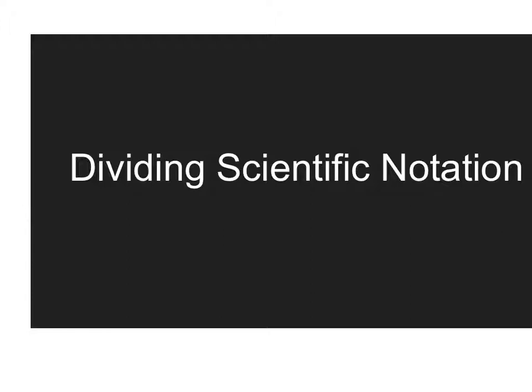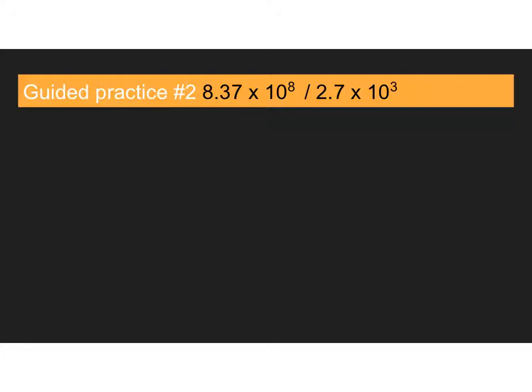So with that being said, if you could turn into your book and look for guided practice number 2. Alright, if you're looking for a page number, the page number would be number 62. There we go. Okay, so with dividing in scientific notation, it's just dividing.